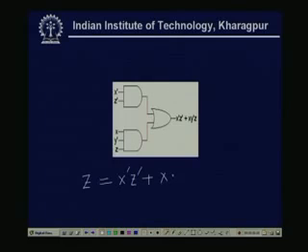So, this is a simple function f, where f equals X dash Z dash plus X Y dash Z.